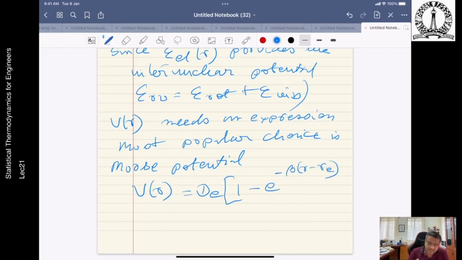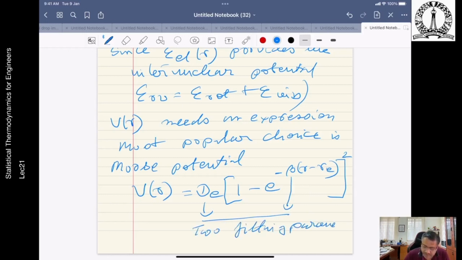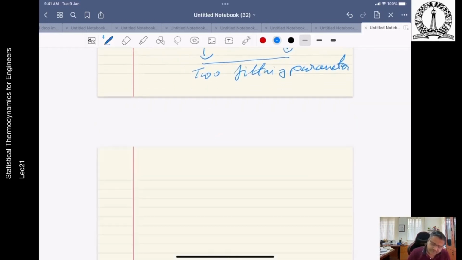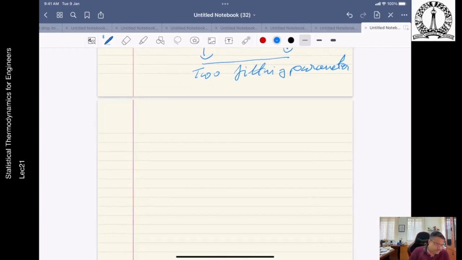RE, remember, is the equilibrium internuclear distance. So dE and beta are two fitting parameters. RE is the internuclear distance at thermodynamic equilibrium.